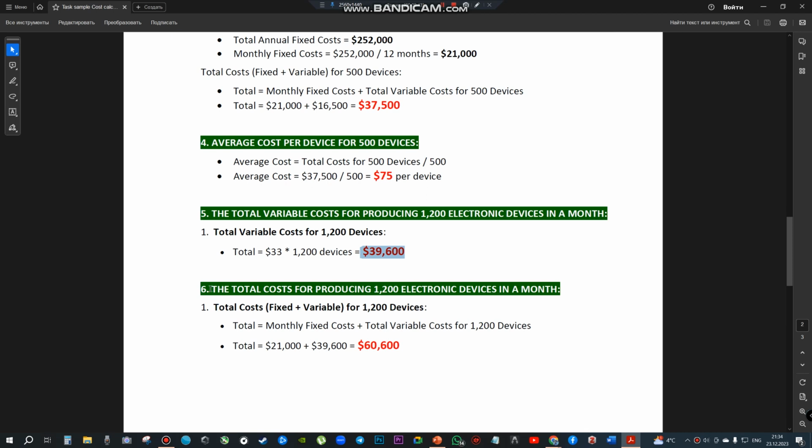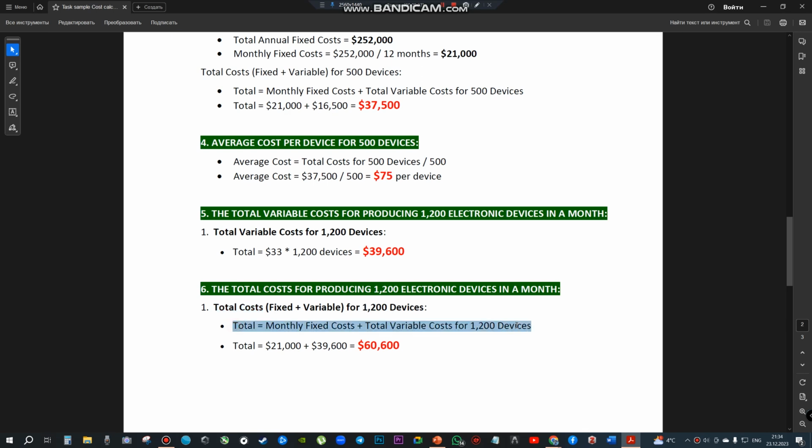Sub question number 6 involves the total cost for producing 1,200 electronic devices a month. So for total cost, we remember that these kinds of costs involve both fixed and variable, but in this case we just have to calculate them for 1,200 devices.